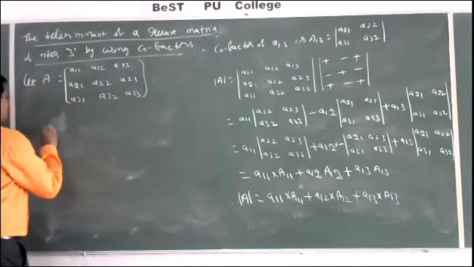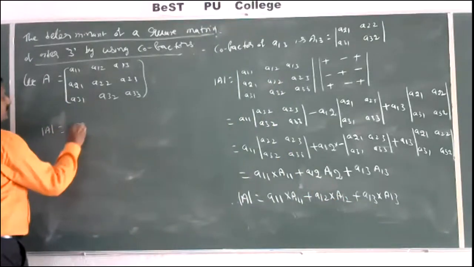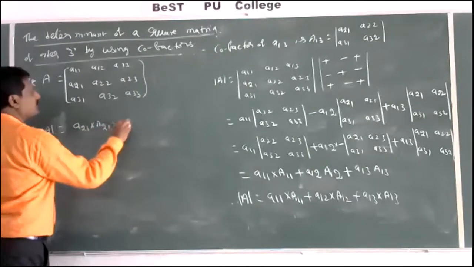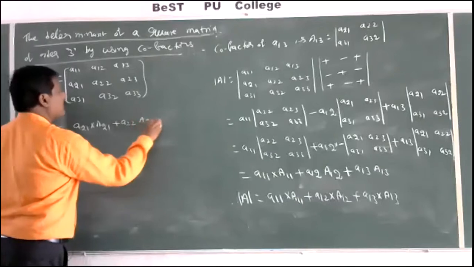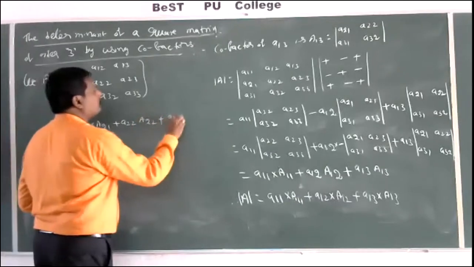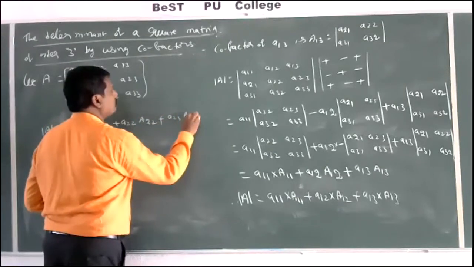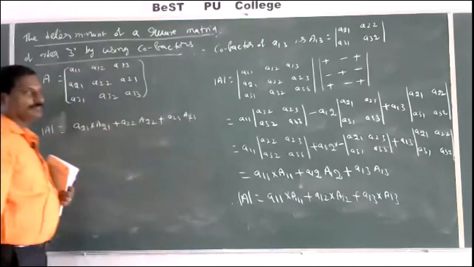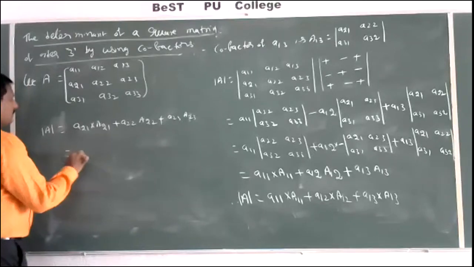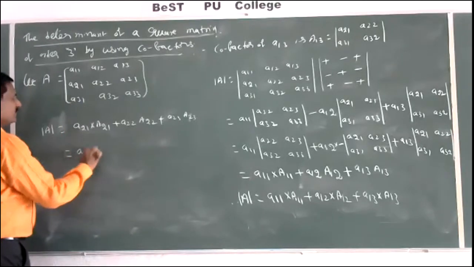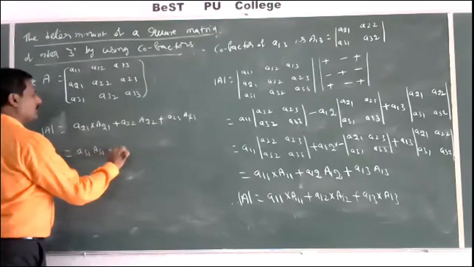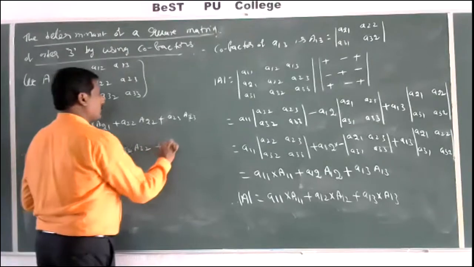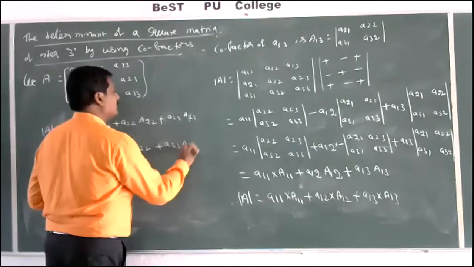Similarly, we can take det A, suppose you take the second row and second row cofactors. In the same way, third row: A31, capital A31, A32, capital A32, A33, capital A33.